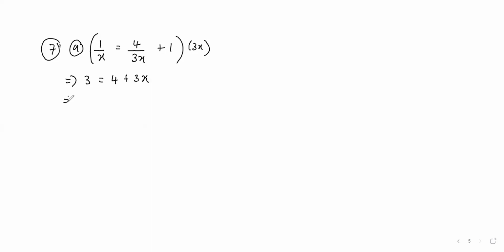And so now we're looking for x. So we have 3x equal to 3 minus 4, meaning 3x equal to minus 1, divided by 3.